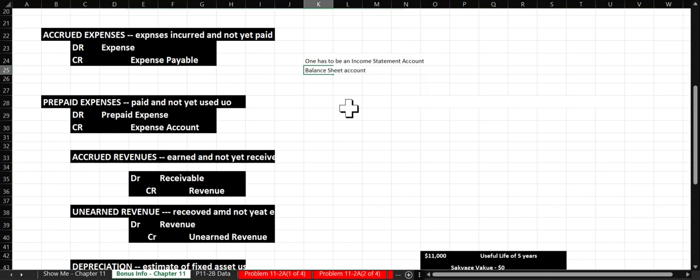So as you are recording your adjusting entries, just verify that one account is what you would normally find in an income statement, and the other one has to be an account that you would normally find in the balance sheet.